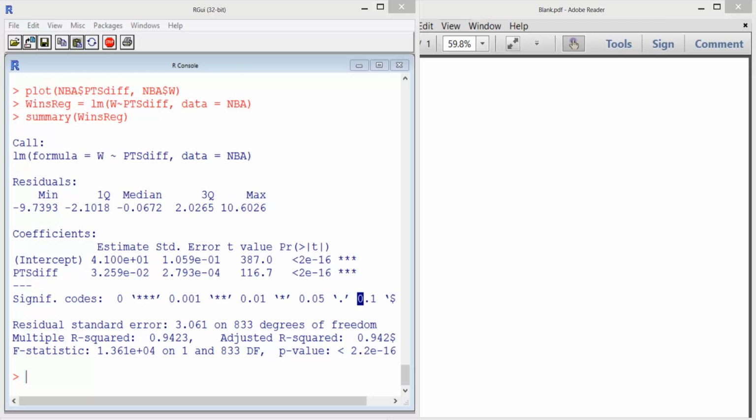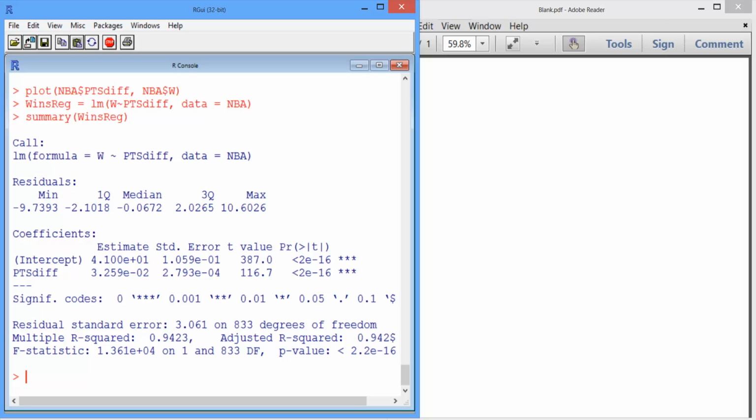So let's build this regression, call it points reg. And that'll be equal to lm of points, regressing on all of those variables we just talked about.